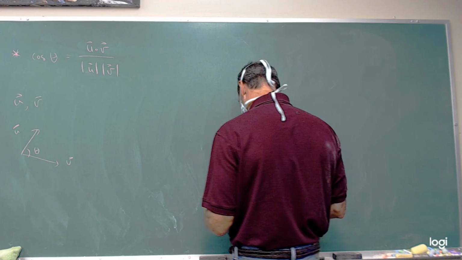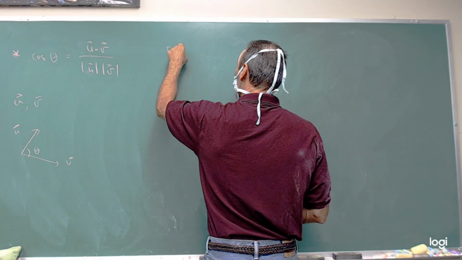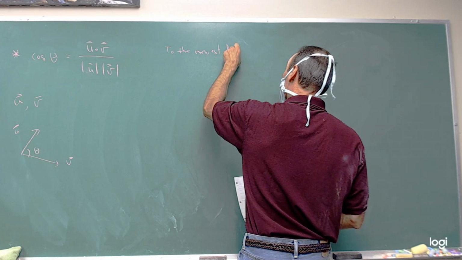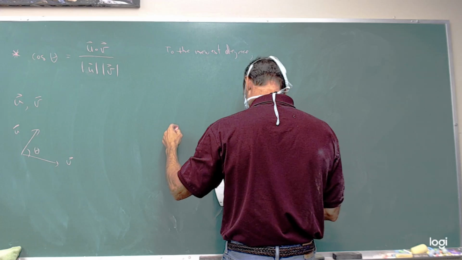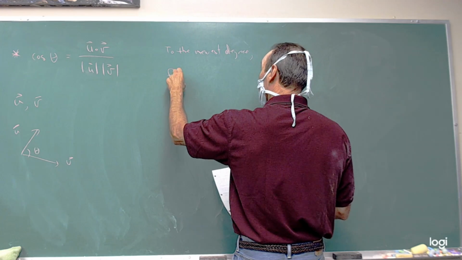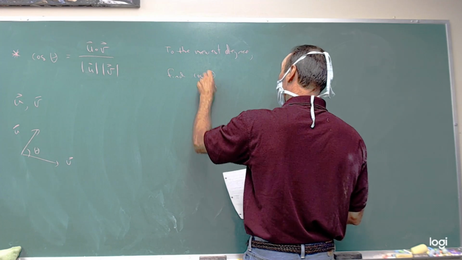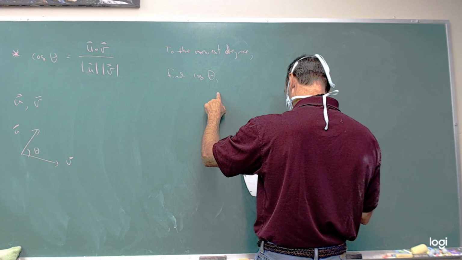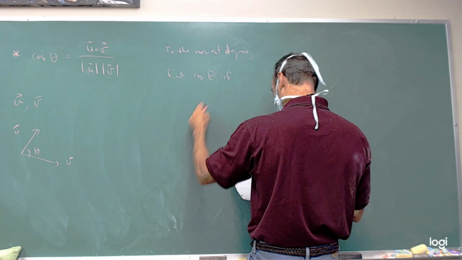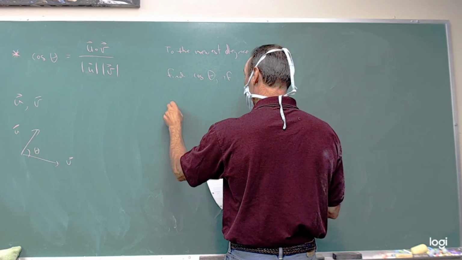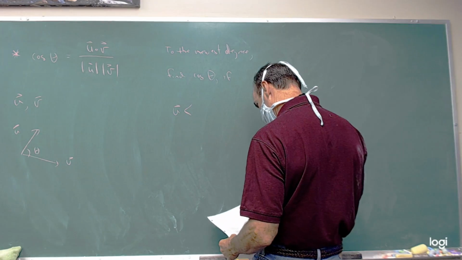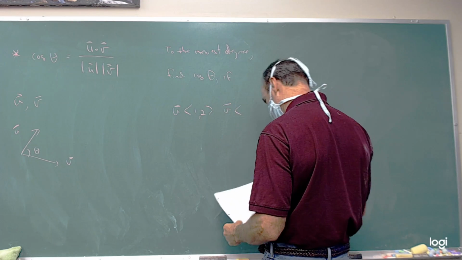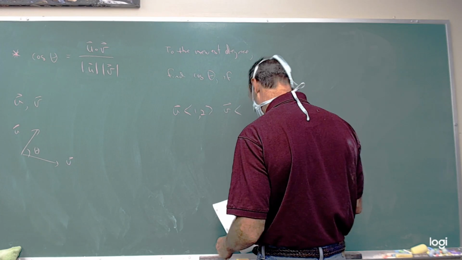Let's see. To the nearest degree. Let's find cosine theta, where theta is the angle in between u and v, if u is the vector 1, 2, and v is the vector negative 3, 1.